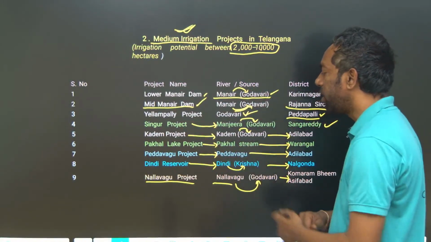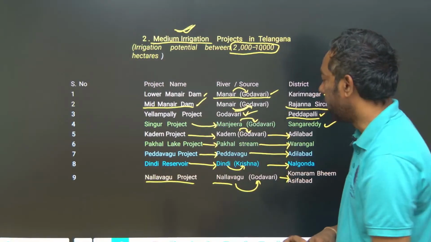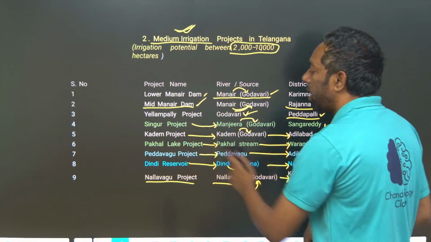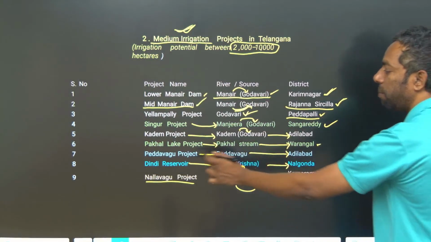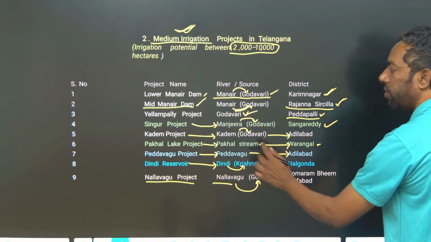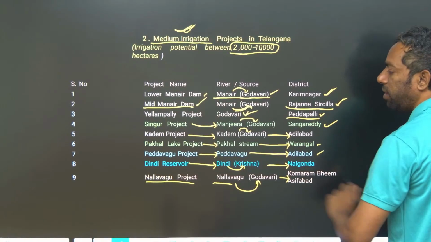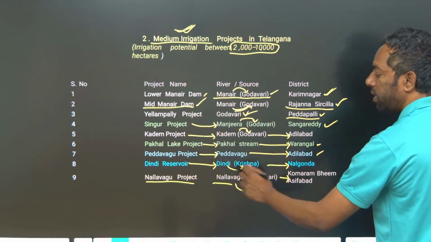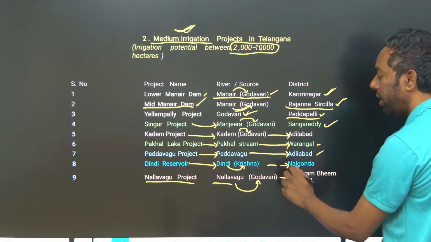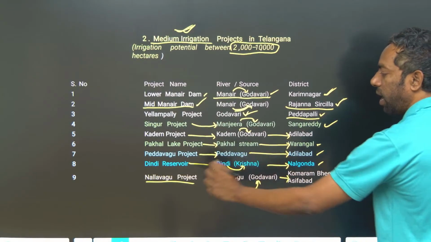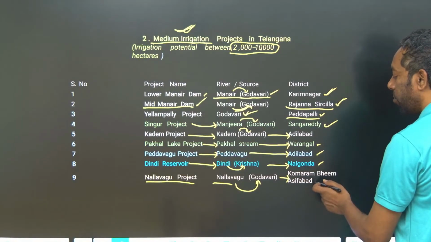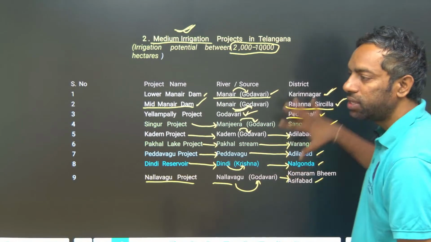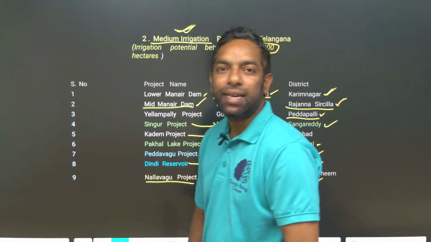Kadam is a tributary of the Godavari, Pakhal Lake is on the Pakhal stream in Warangal, and Peddavagu is on the Peddavagu river in Adilabad. Dindi reservoir is on the Dindi river, a tributary of the Krishna, in Nalgonda. Nallavagu is a tributary of the Godavari, in Komaram Bheem Asifabad. These are the medium size irrigation projects.